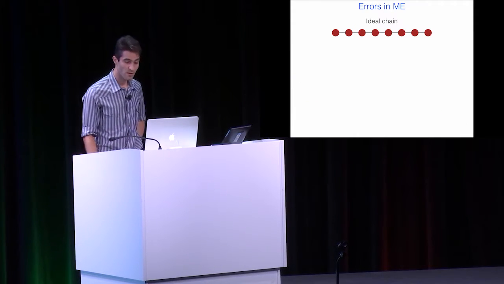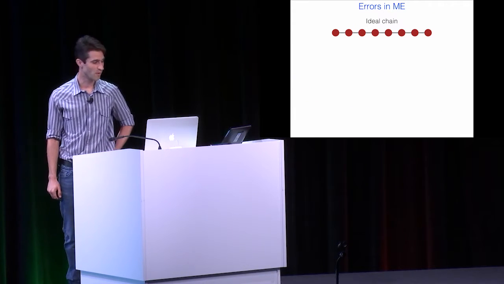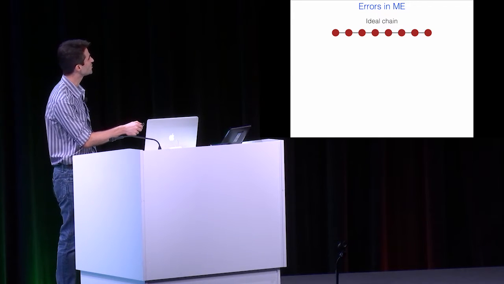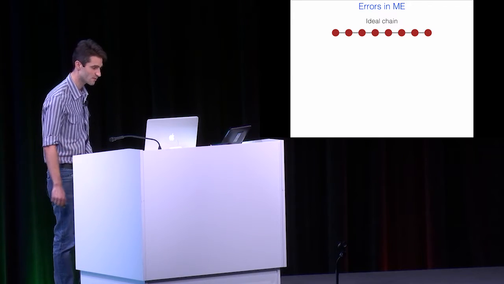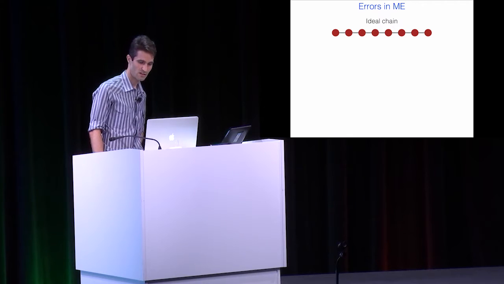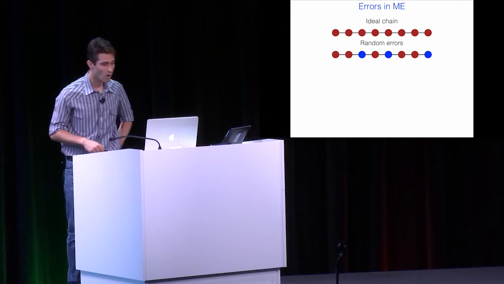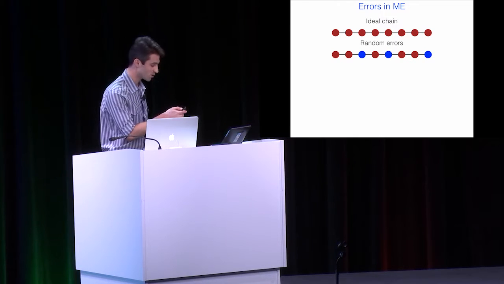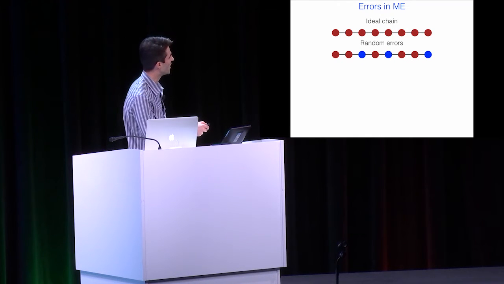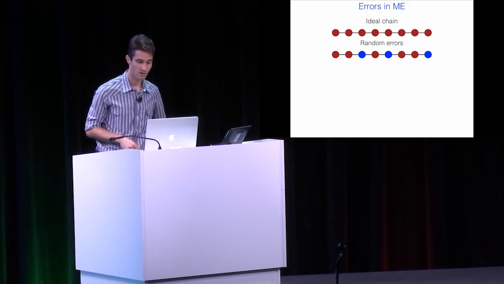OK, so let's think about what errors look like for minor embedding. So here I have an ideal chain. Here my red will mean that the spins are in their correct orientation. If my error model was just random errors, I would just sprinkle some errors, and there would be, in principle, no pattern to them.